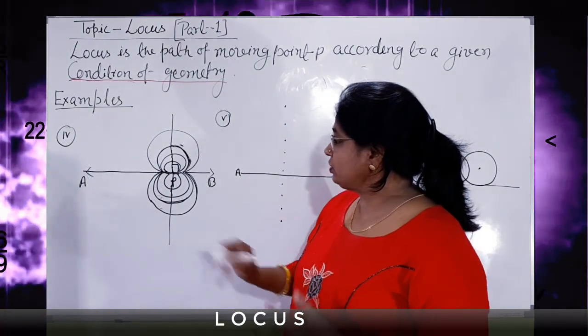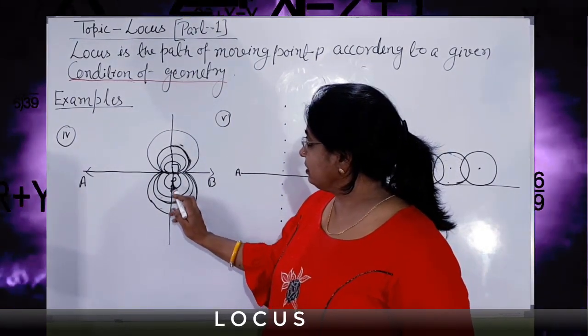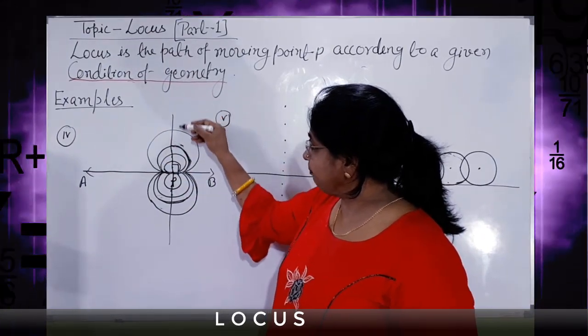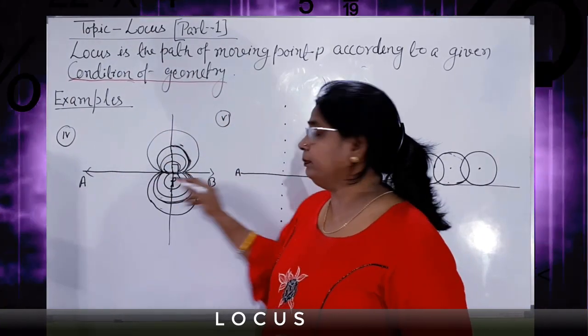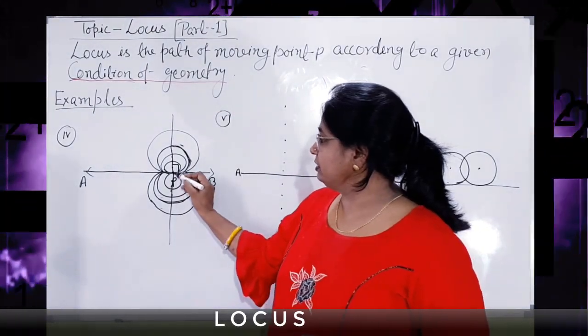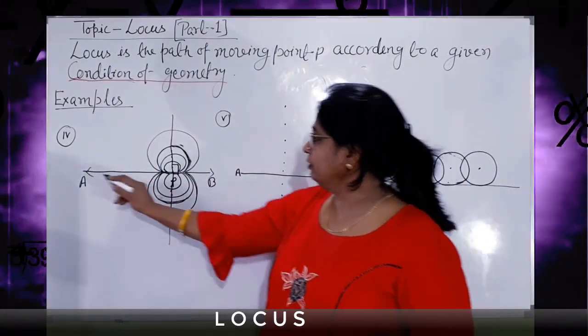Then the locus of all centers of all those circles is perpendicular to AB at point P, which is given on line AB.